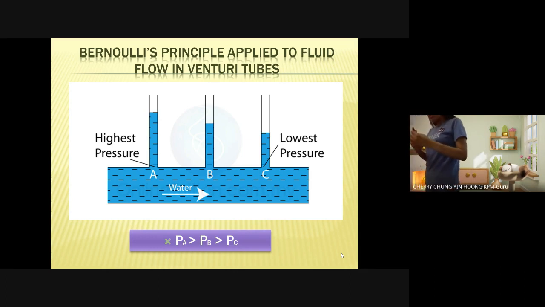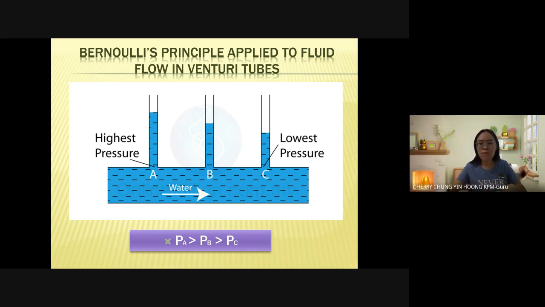OK，好了吗，大家？OK，接下来我们就会看我们的 what do we call as a venturi tube？这个 venturi tube 是 meant for 给你们学 Bernoulli's principle 的。在这个 venturi tube 里面呢，记得 water in 的地方，it will always flow at low velocity.